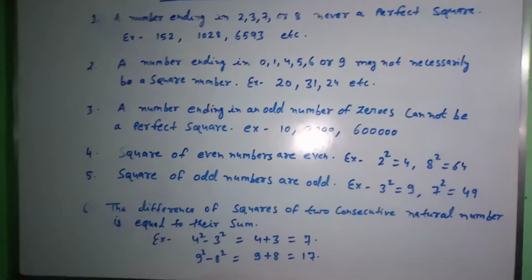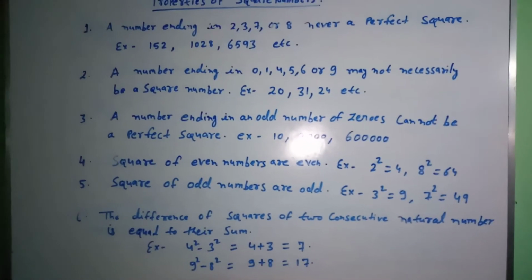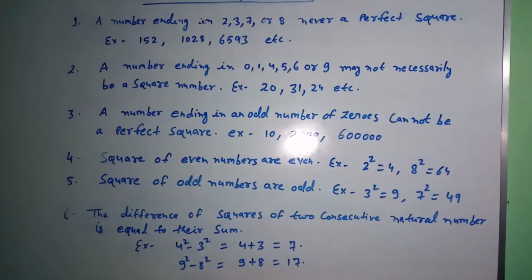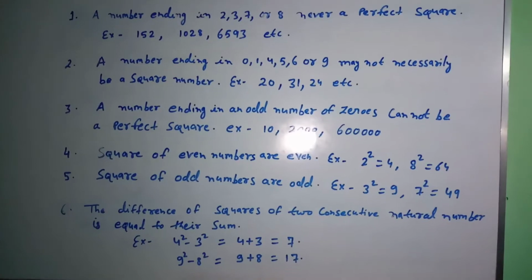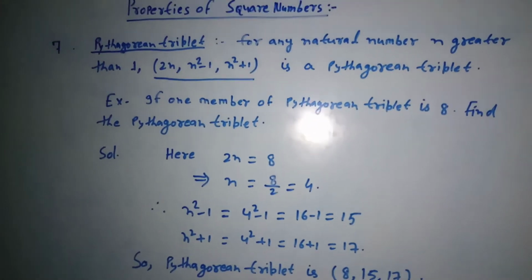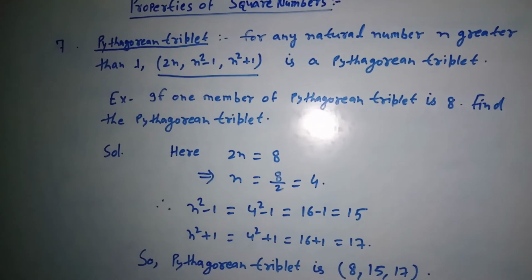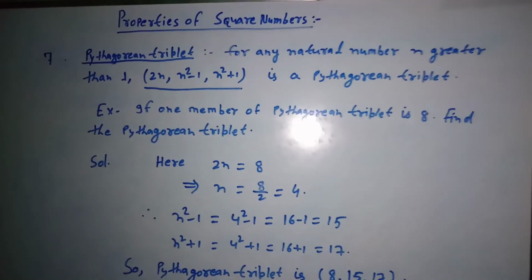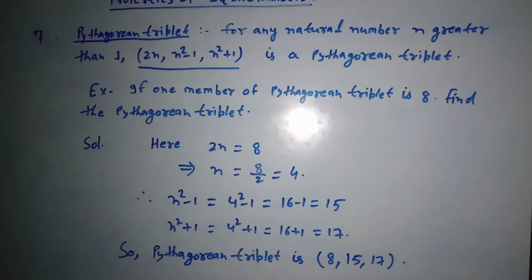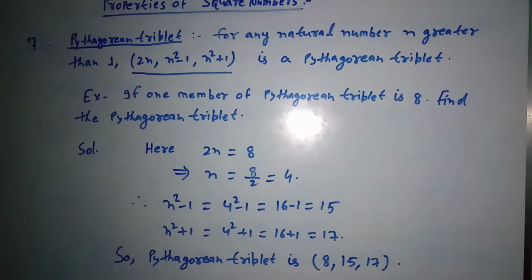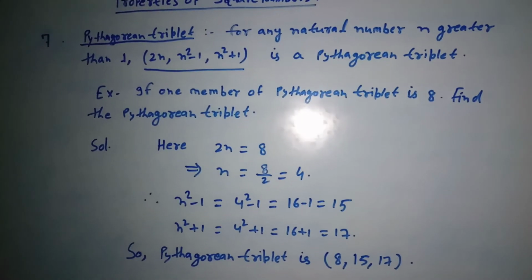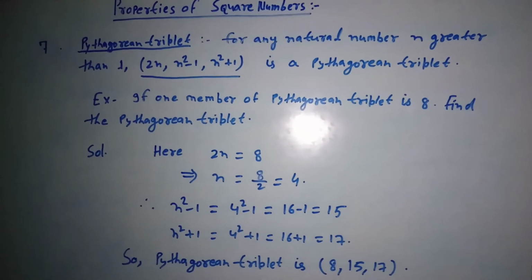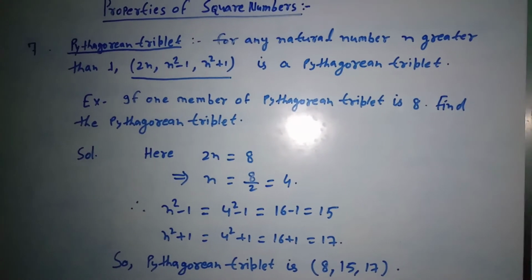And the last property is property number 7, Pythagorean triplet. So what is a Pythagorean triplet?